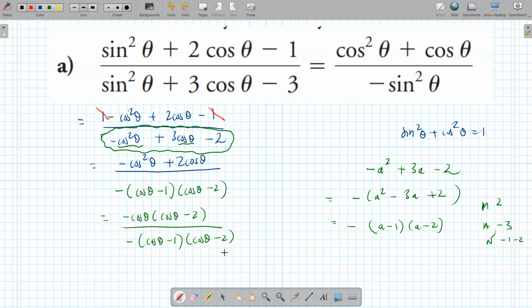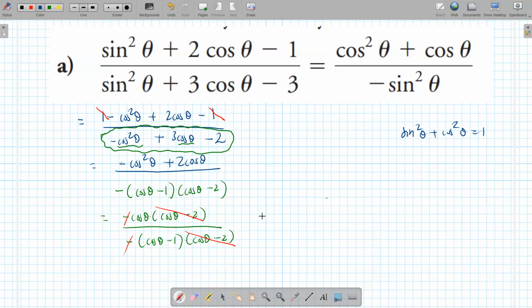Look at it. They're the same brackets and you're multiplying them. So this one and this one's gone. And also the negative signs are gone. Which gives us cosine theta over cos theta minus 1.